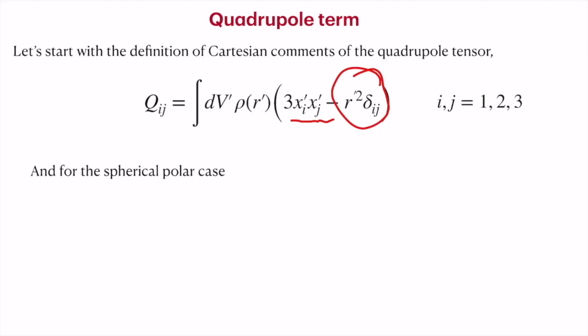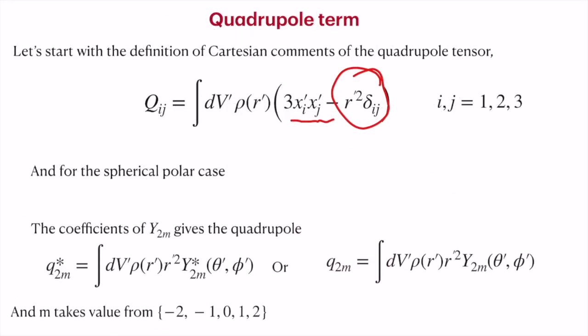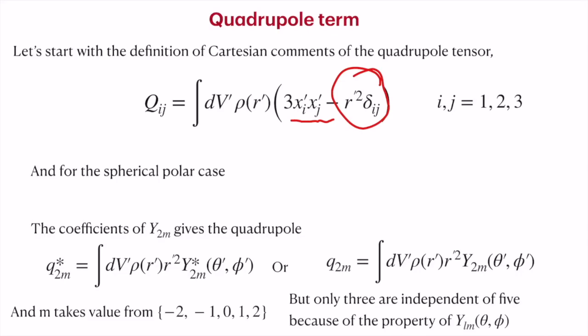We try to relate them in the spherical polar case so that we can understand or visualize them in both bases. So in the case of the quadrupole moment, when L is equal to 2, we have an m value going from minus 2 to plus 2, but we know from the properties of spherical harmonics that not all of them are independent, and we have only three independent quantities.